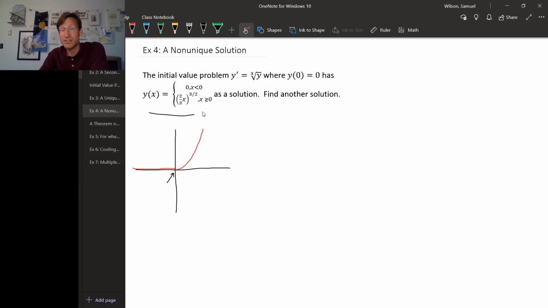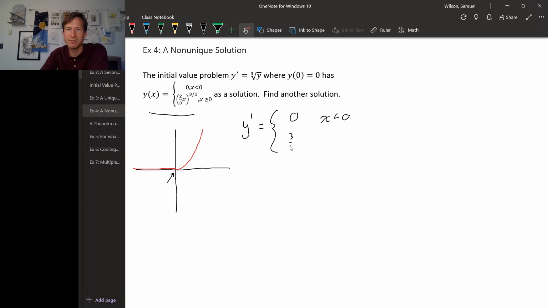To check that this is a solution to the differential equation, we're going to need to calculate the derivative of y. And we're going to have to do that piecewise, since y is a piecewise function. For the part where x is less than 0, the derivative of 0 is just 0. And for the part where x is greater than or equal to 0, we'll need to use some power rule and chain rule here.